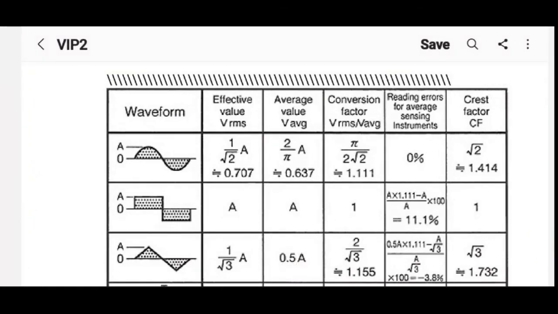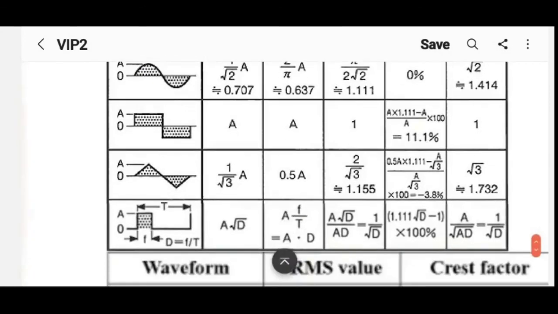If the waveform is square wave, and that too symmetric square wave, then these are the numbers for these performance parameters of the wave. For triangular waveform, these are the values. And for this particular case, the last one where it is square wave partially and then 0 for the rest of the cycle, these are the numbers.